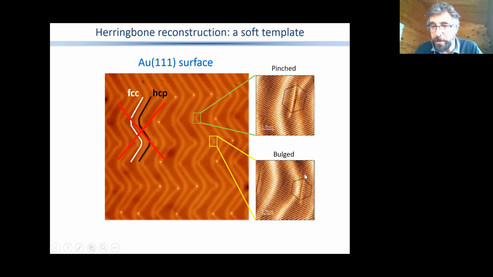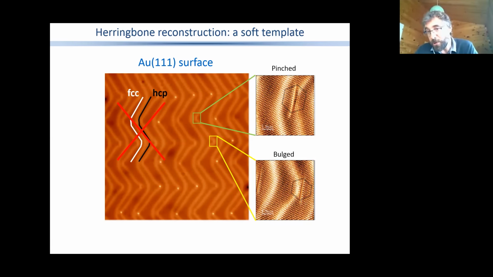And in the zoom, you see these defects. These are dislocation defects that are more reactive than the surface. And if you have molecules that don't interact very strongly with the surface, so they don't differentiate between FCC and HCP, they can still differentiate or prefer to bond here. So they can use this template yet, even if they don't use the FCC, HCP zigzag template.